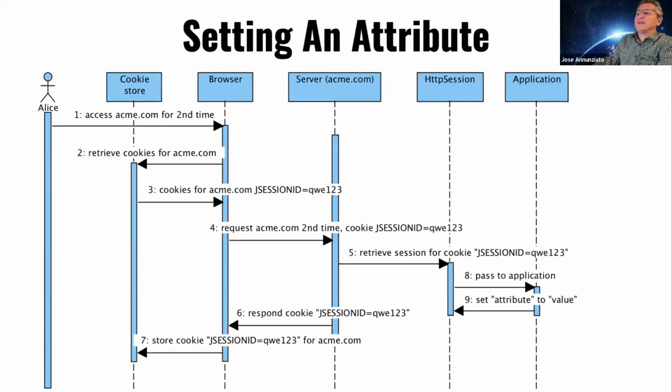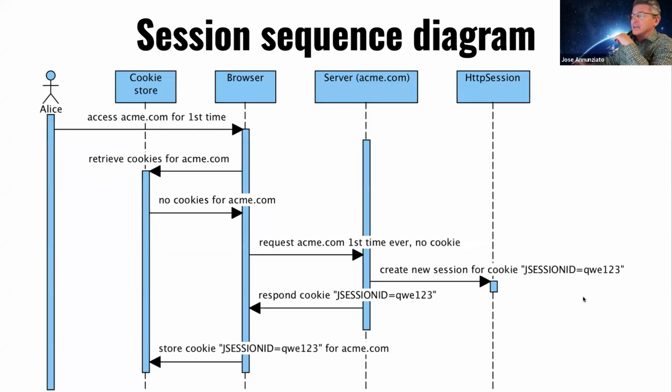So now what the server does is that when it creates the token, it also maintains a data structure where it keeps track of all the tokens that it has created so far. And it needs to purge it after a while. They time out, and so they clean up and whatnot, but that's something else. So it uses this cookie that it created, this unique identifier, as an entry key to a data structure called the HTTP session.